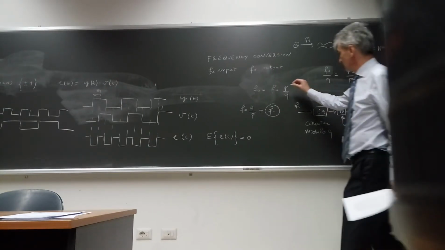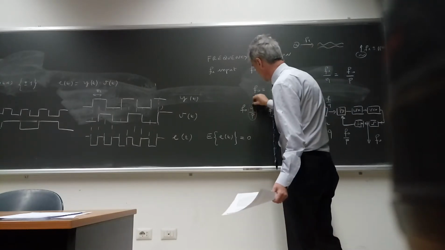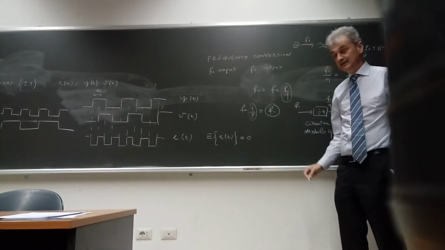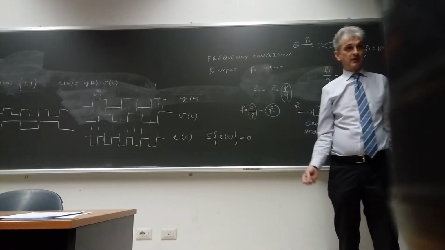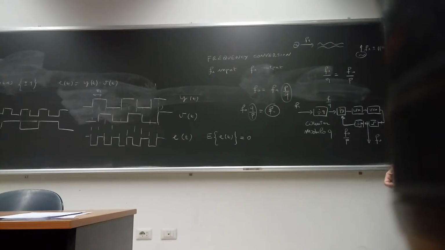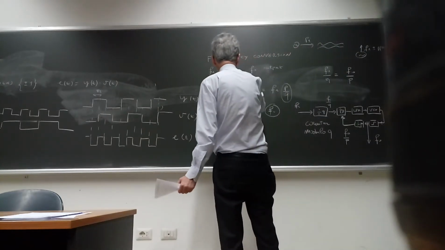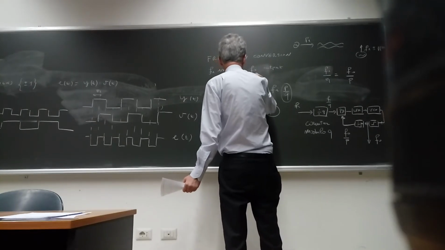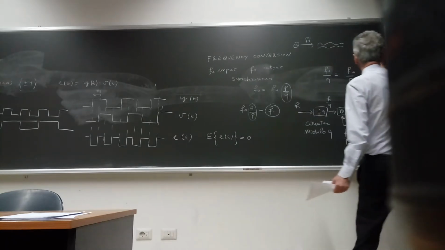And even if here you have P over Q, you can always recover the input, exactly the same frequency as the input, by the inverse operation. So these two are synchronous. These two are plesiochronous.